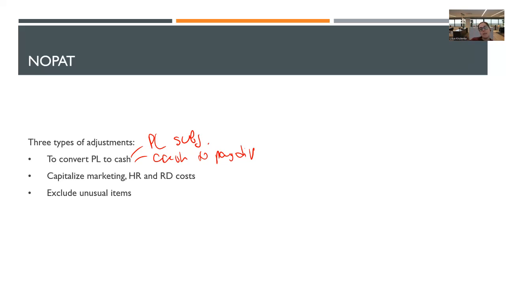Then we need to capitalize marketing, HR, and research and development costs because these are costs that will bring you the benefits in long term. So we will capitalize them and then we will depreciate them or amortize them. And we exclude unusual items such as business reorganizations.